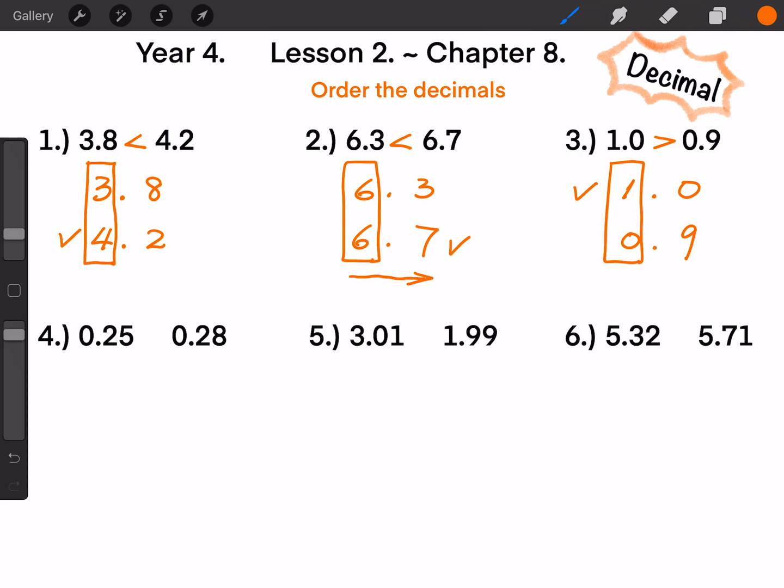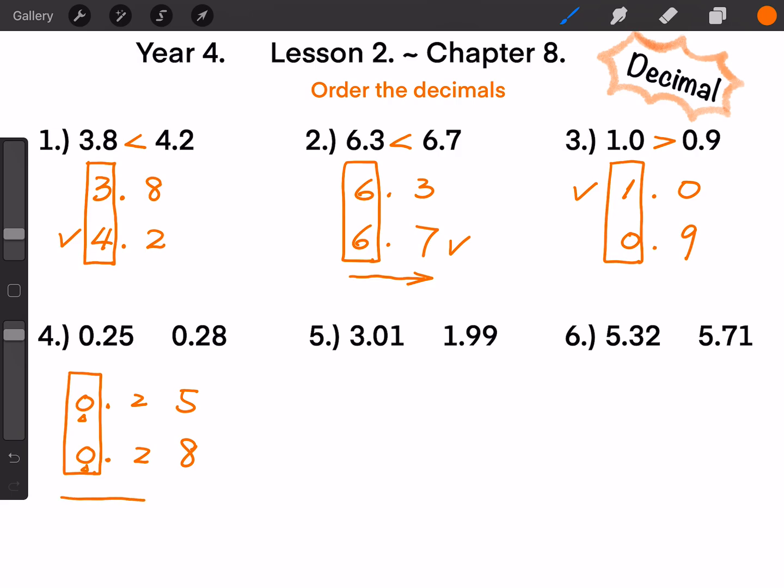Group 4, 0.25 and 0.28. The most left position is the one-digit position. However, they are the same, 0 and 0.